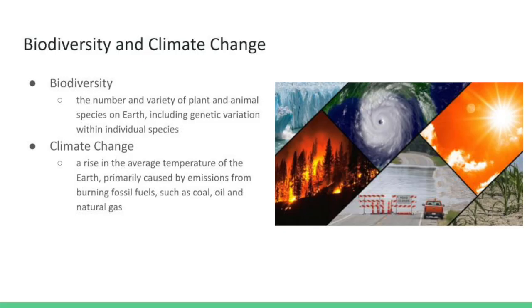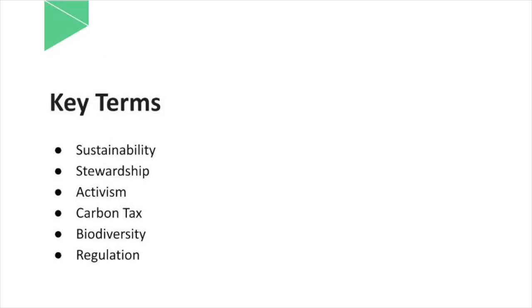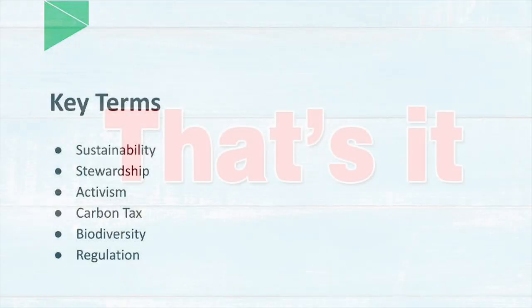You might be asked to evaluate policies on perspectives on climate action, biodiversity, or resource development. The key concepts out of here are sustainability, stewardship, activism, carbon tax, biodiversity, and regulation.